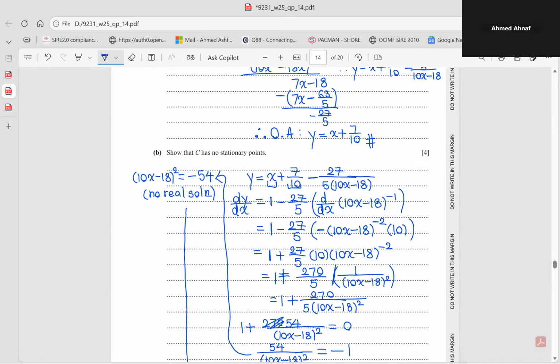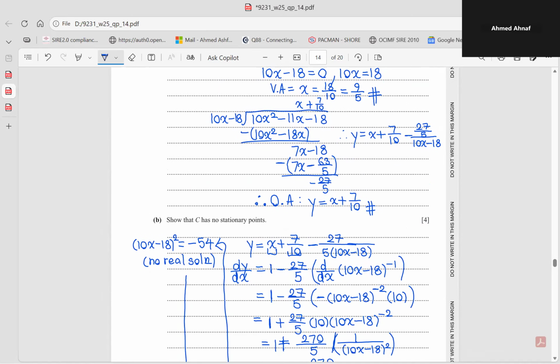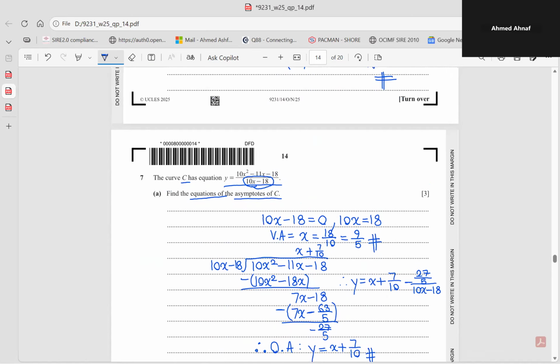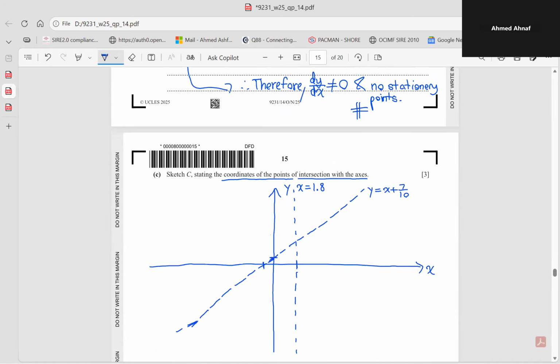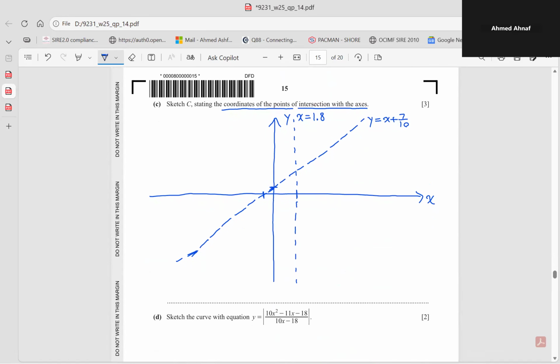To find the y-intercept, I'm just going to type everything into my calculator. That's just one for the y-intercept. So I guess it's right around here for the y-intercept.